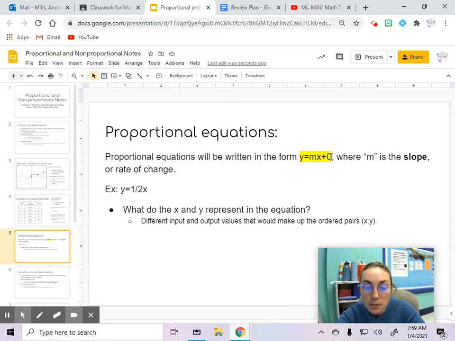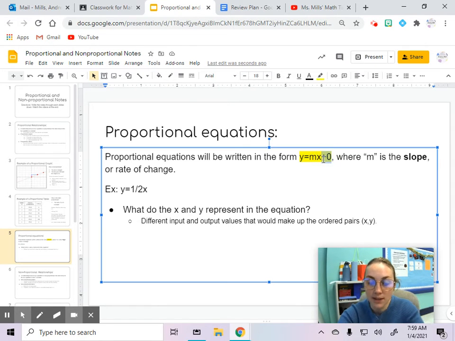But you don't have to put plus 0 on any equation because it doesn't add or take away anything. That's why this is gone. It should only be y equals mx, where you just have the slope. So if you look at an equation and it looks like y equals mx, where m is the slope and there is no y-intercept, or the y-intercept is plus 0, that means it is a proportional equation.